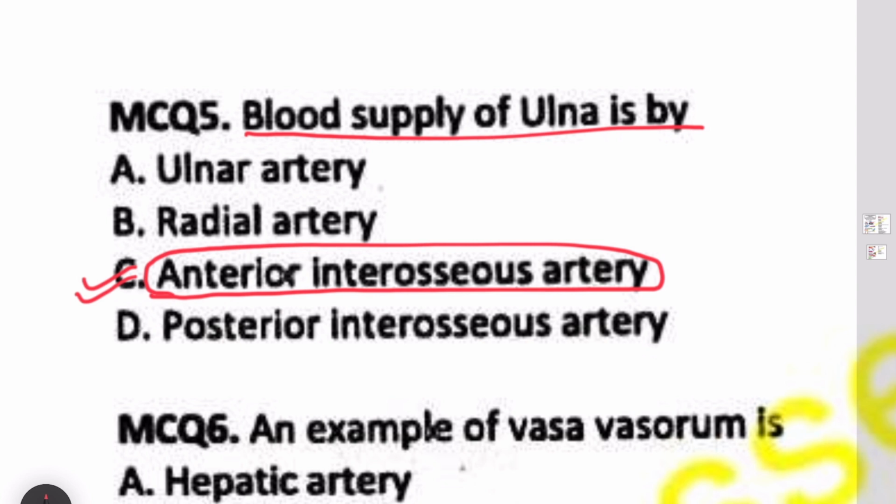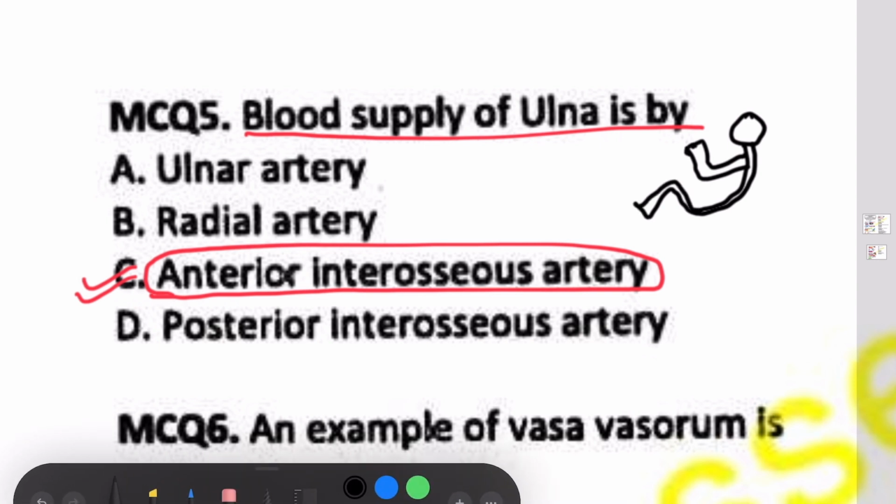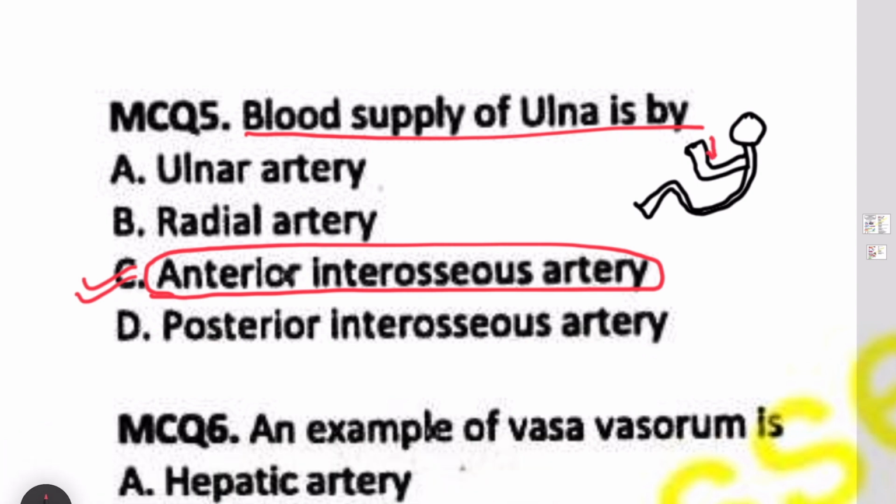And by the way, what will be the direction of this nutrient artery in ulna, proximal or distal? For this, remember, there are two fundas. Either you remember the mnemonic for the direction of the nutrient artery. What was the mnemonic? Remember, if this was the fetus, I told you, and this is the upper limb, and this is the lower limb, this is the fetal lying position, and towards the elbow we go, and from the knee we flee.